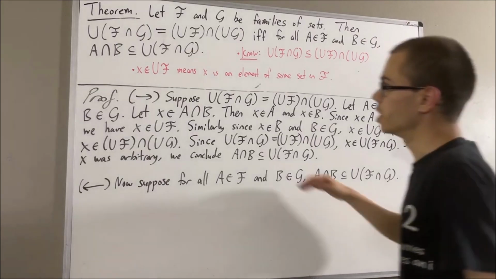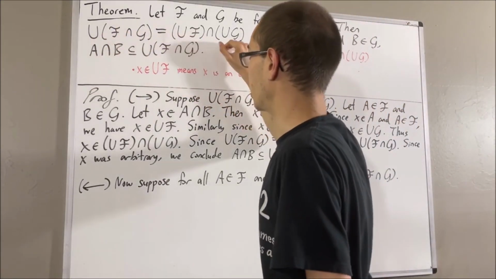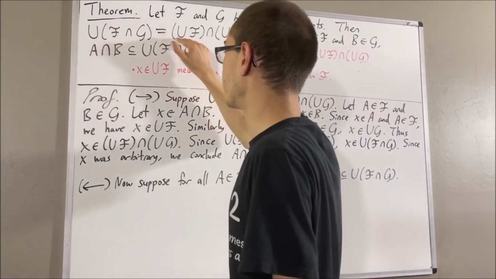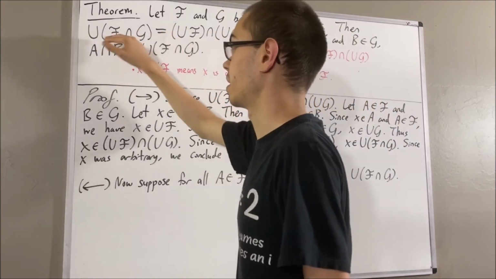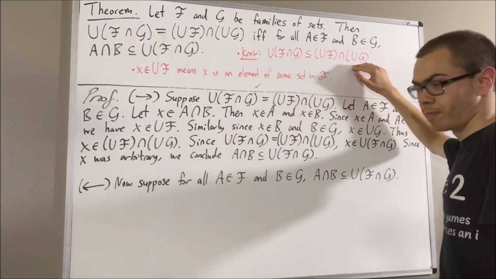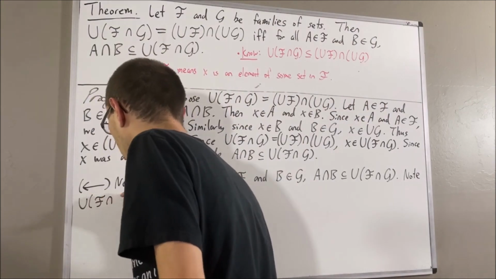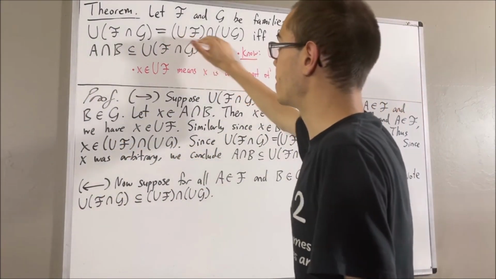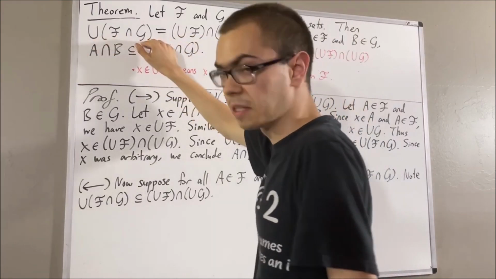And our goal now is to show that these two sets are equal. And the way we're going to do that is we're going to show that this set is a subset of this set, and this set is a subset of this set. Well, we already know that this is true. So all that's left to show is that this set is a subset of this set.